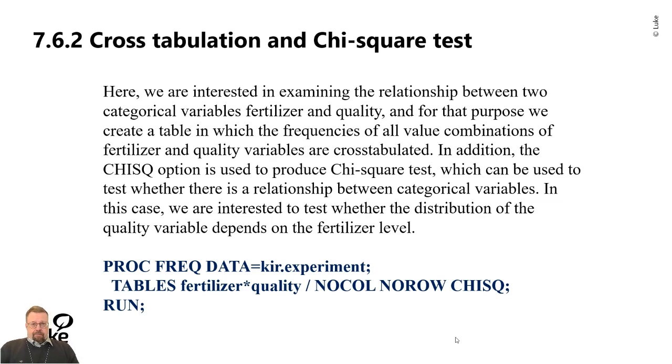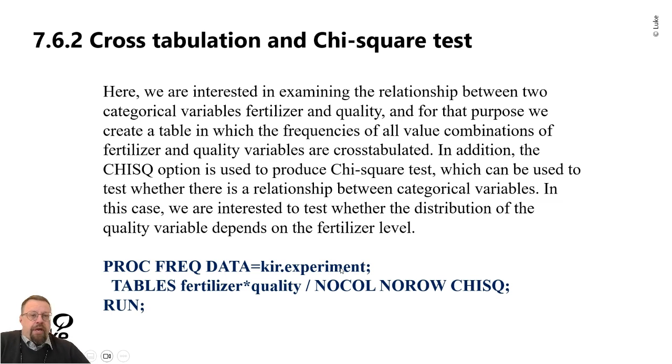So in this case, we are interested in examining the relationship between fertilizer and quality, two categorical variables, and for that reason we create the cross tabulation. And we also defined the CHISQ option here in order to produce a chi-square test, which can be used to test whether there is a relationship between these two categorical variables.